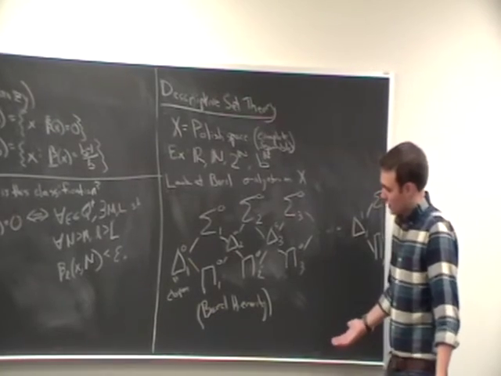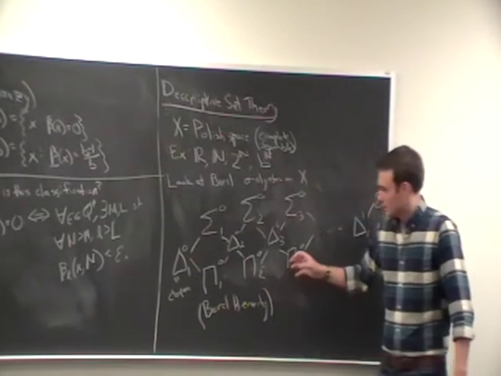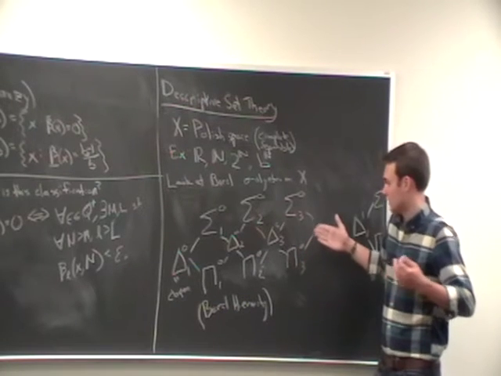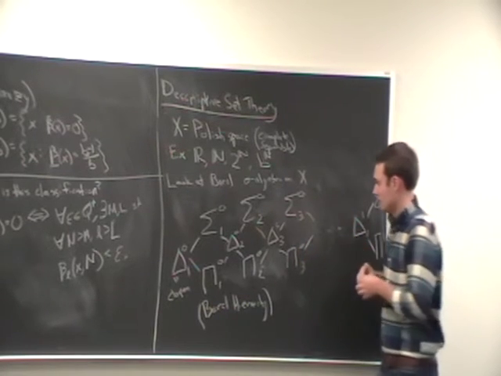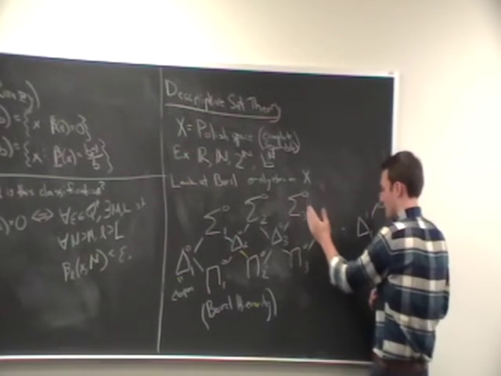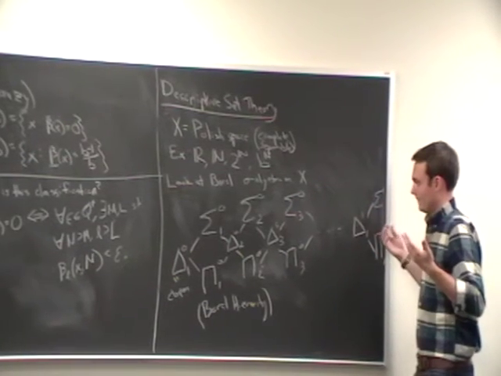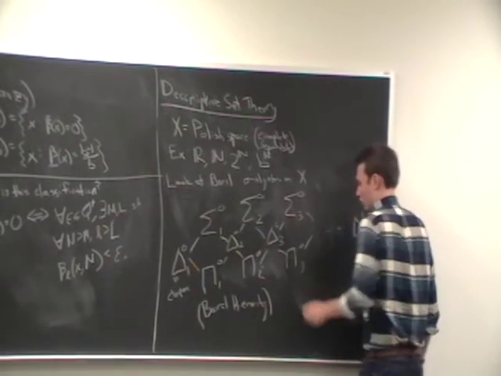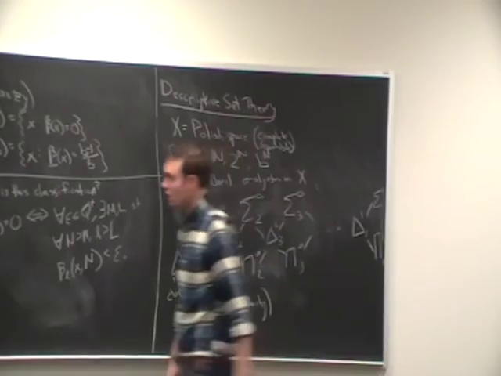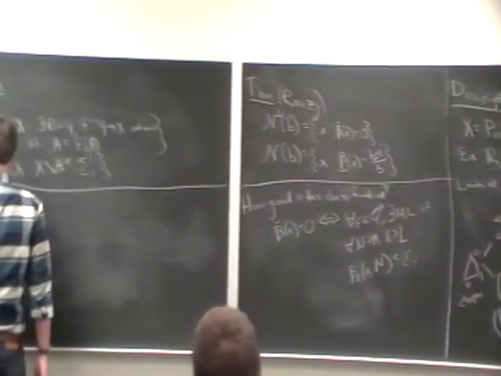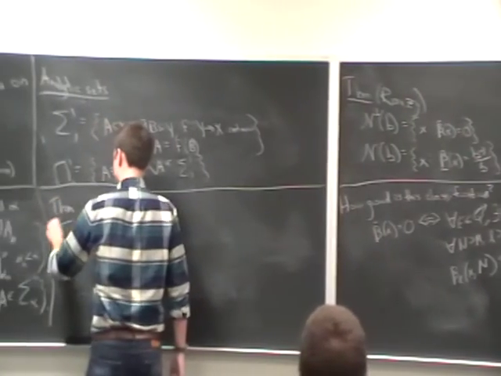Now, a natural question to ask about this Borel hierarchy is if each of these levels is non-trivial. Maybe it happens that every set is Sigma^0_3 or Pi^0_3 and no higher, or one of these classes is empty for some countable ordinal alpha. It turns out that as long as X is uncountable, this doesn't happen.